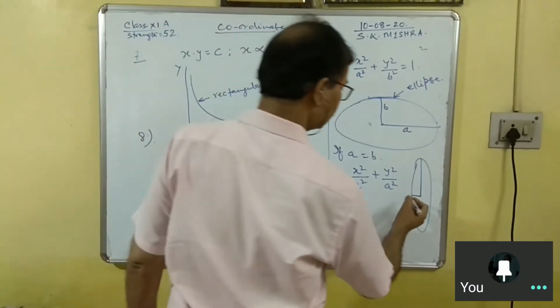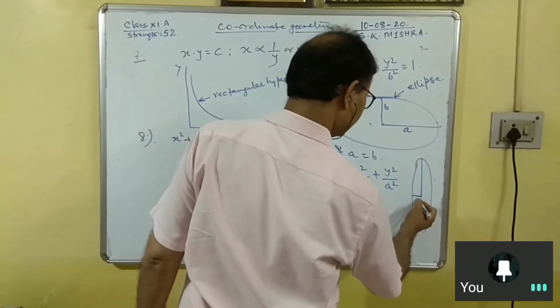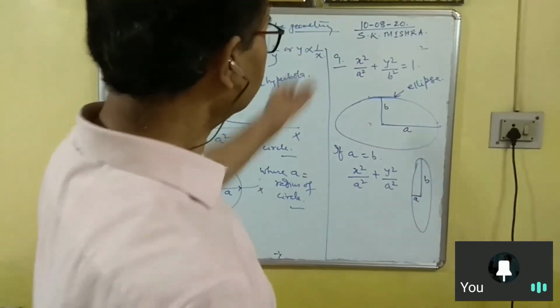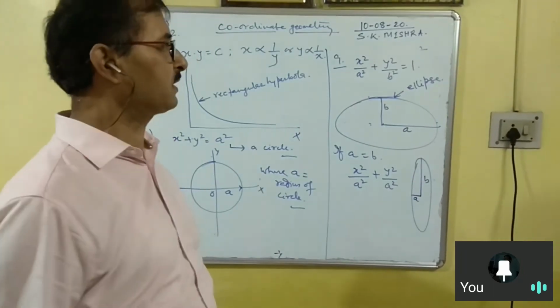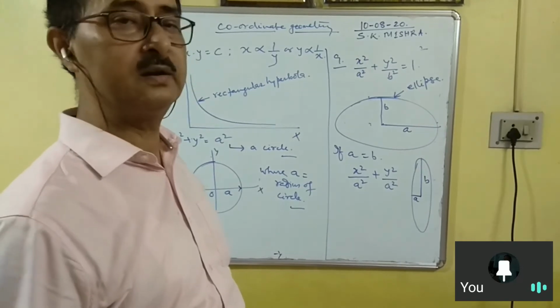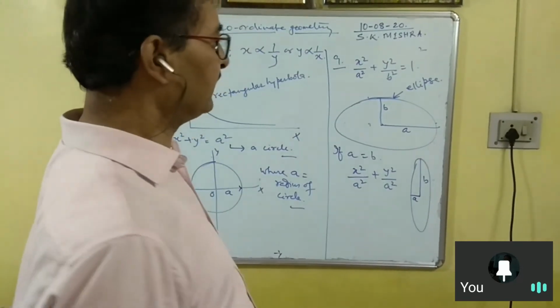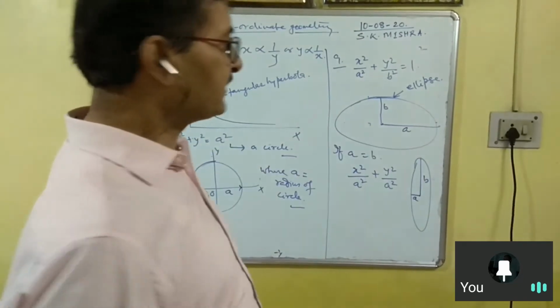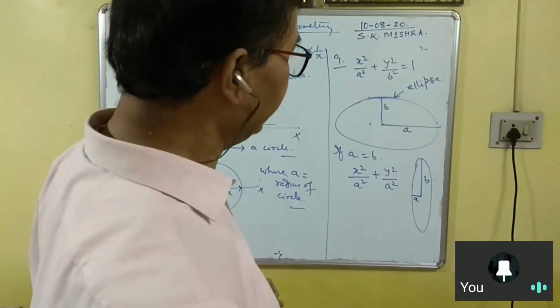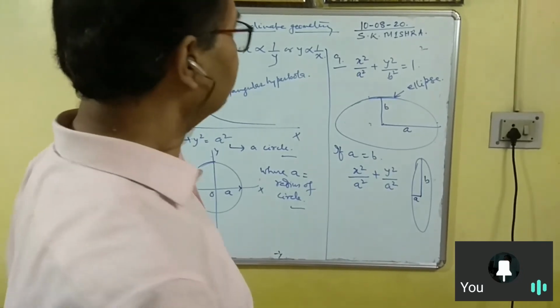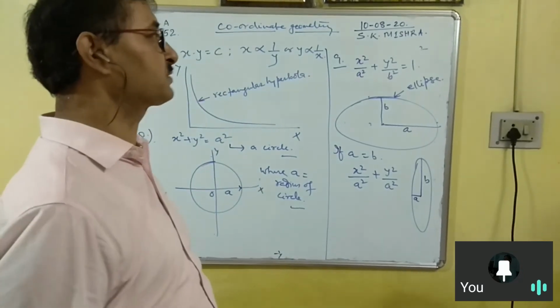Suppose this is A, this is B, then also the same equation, x square by a square plus y square by b square is equal to 1. Vertical or horizontal doesn't matter. But the intercept made on the x-axis is A, the intercept made on the y-axis is B. Then x square by a square plus y square by b square is equal to 1.